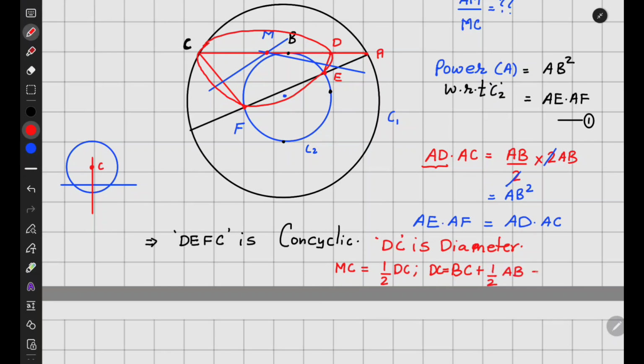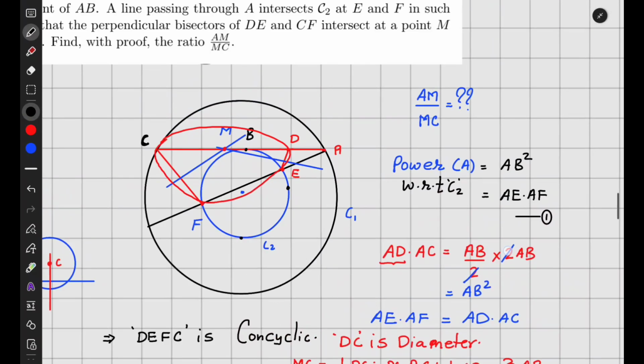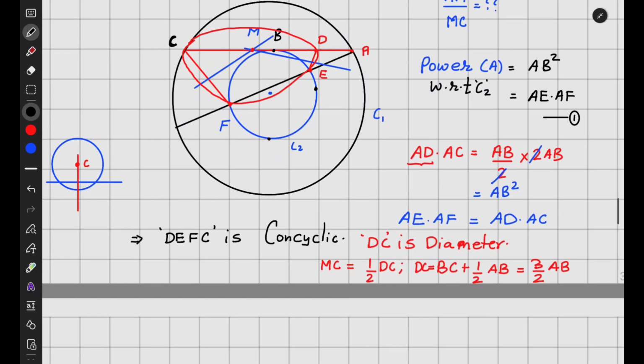And it is going to be 3 by 2 AB. So I have found MC in terms of AB. That is the common parameter. AB is the common parameter. Now we can say something about AM.